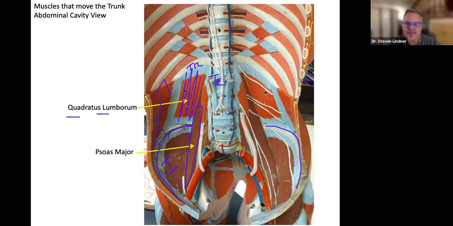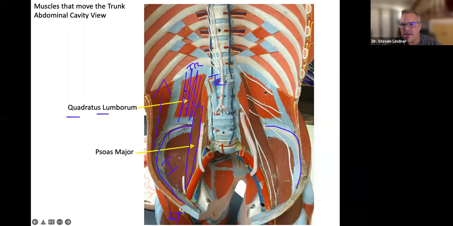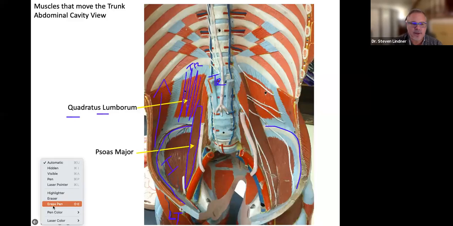And then it goes down to the lesser trochanter of the femur. It's a hip flexor, like Stairmaster, like raising your hip up. That's Psoas Major.